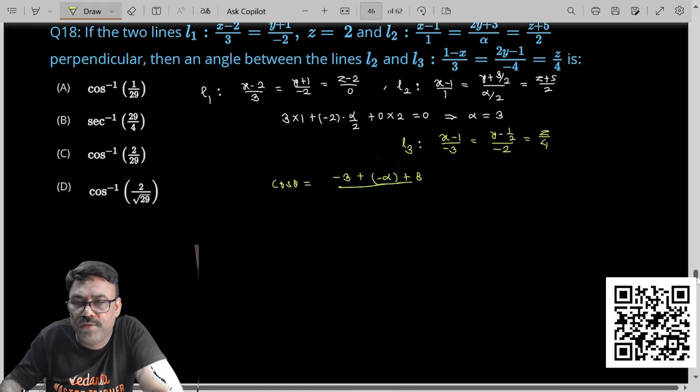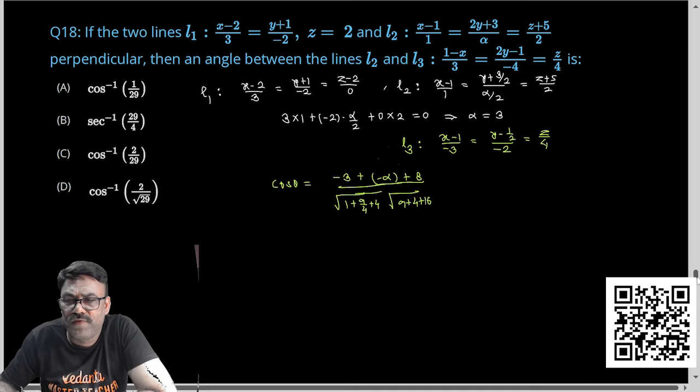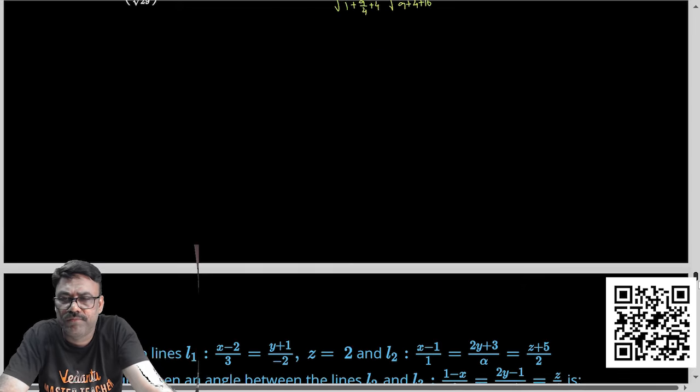Whole divided by under root 1 square, which is 1, alpha by 2 square, which is 9 by 4, plus 4, and then under root 9 plus 4 plus 16. Just put the value of alpha here and simplify, you will get your answer. Theta will be cos inverse of this.